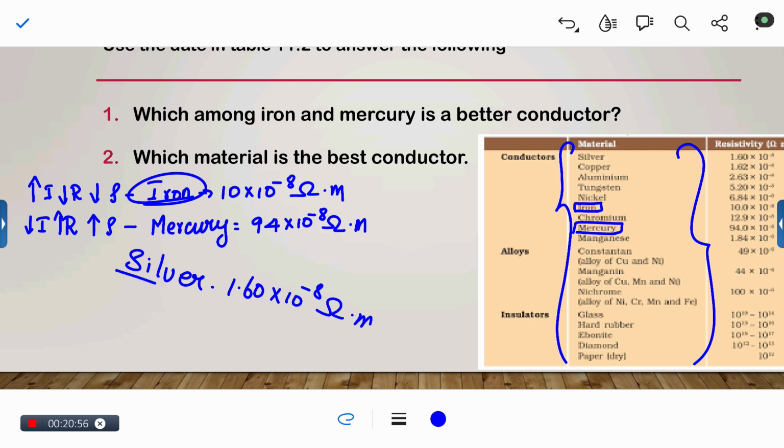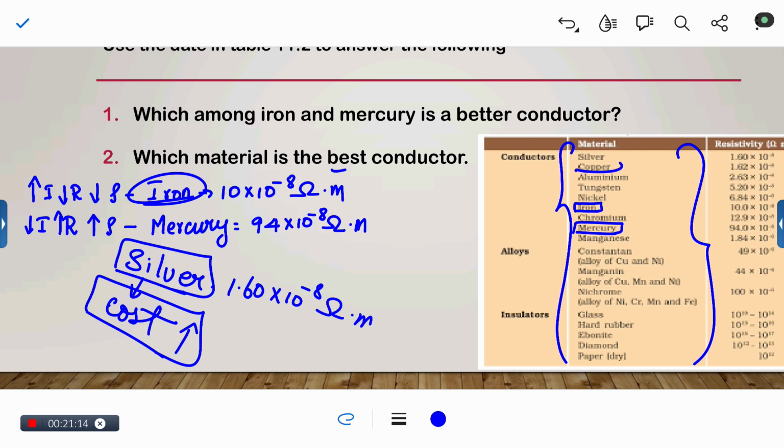But we are not using silver. Why? Because it's economically high. The cost of silver is high. That is the reason we are not using silver, even though it has low resistance, even though it is the best conductor compared to copper.